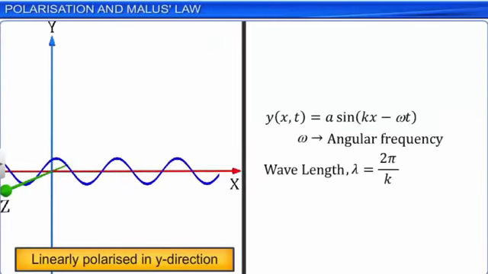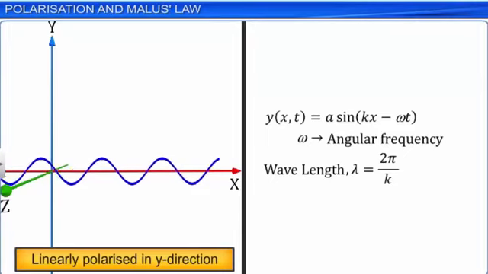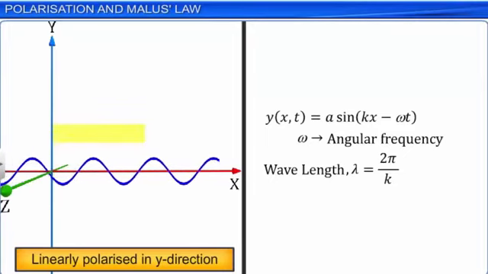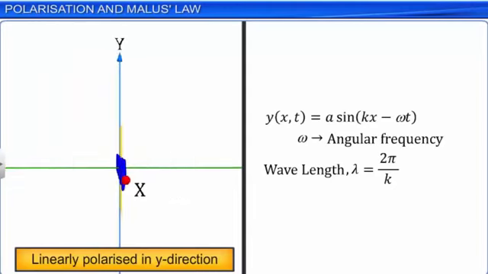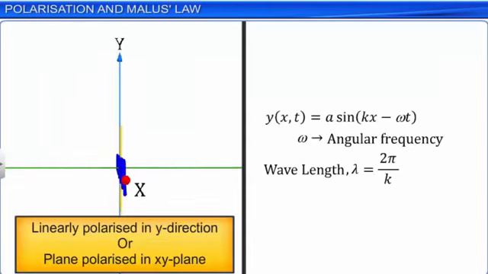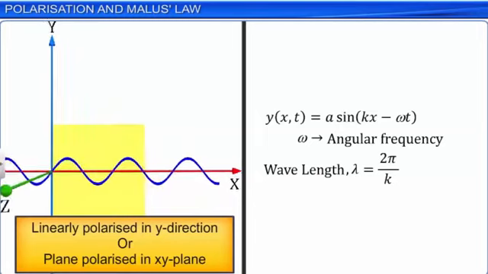The propagation of the wave and the displacement of any element of the string always lies in the xy plane, and hence it is also called a plane polarized wave and is referred to as an xy polarized wave.